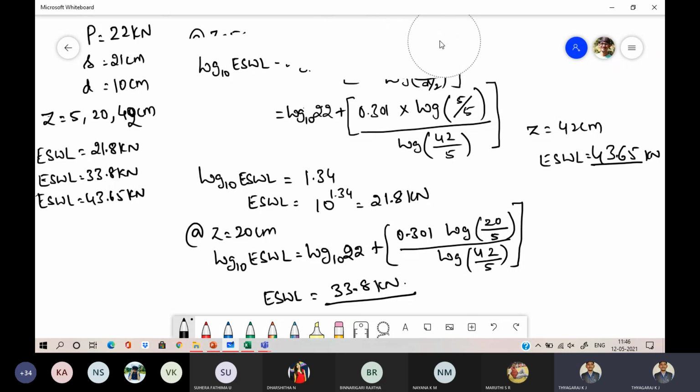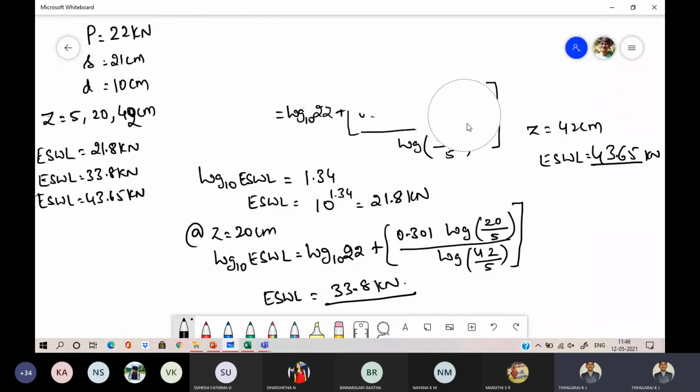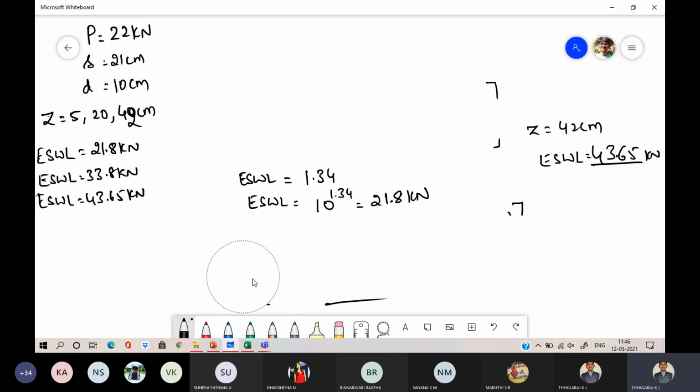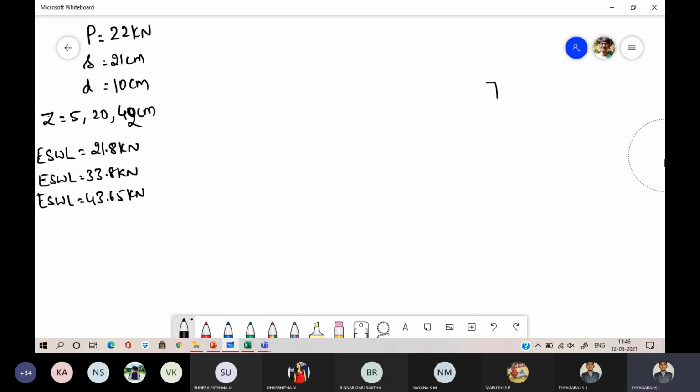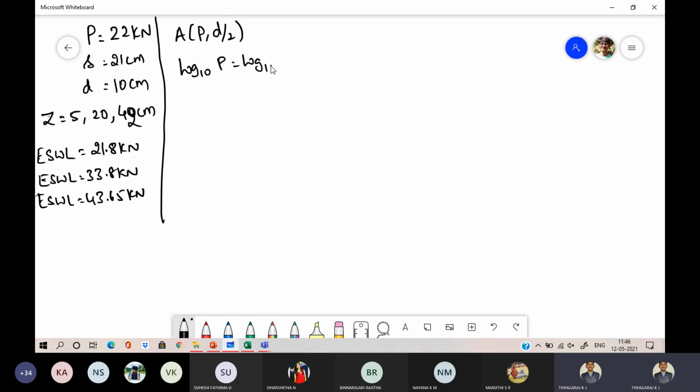Now we will go for graphical solution. How is this graphical solution going to work? So we need point A, P comma D by 2. So log 10 of P, log 10 of 22, calculate the value.